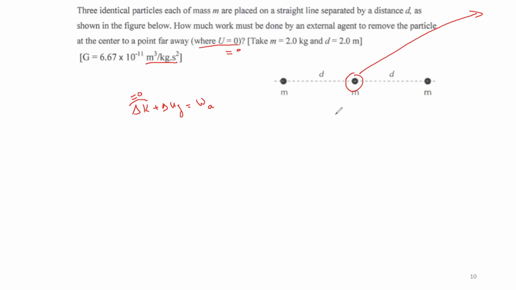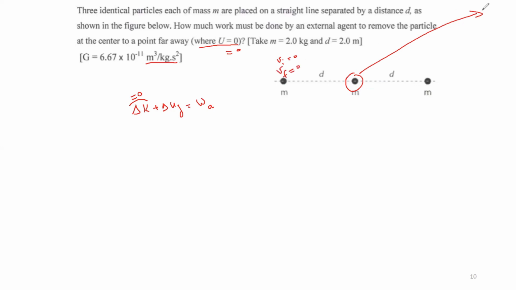And what we need is delta UG. The constant will go away. The change is what we need, the change in gravitational potential energy. So in reality, the initial velocity for this problem is 0. And when this one goes to infinity, the final velocity of the system is also 0.